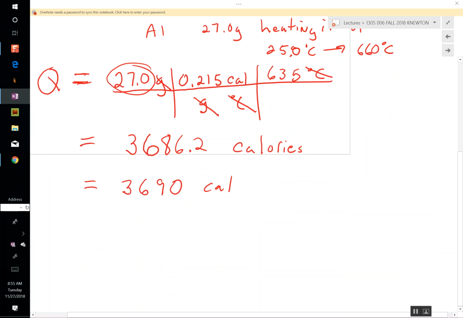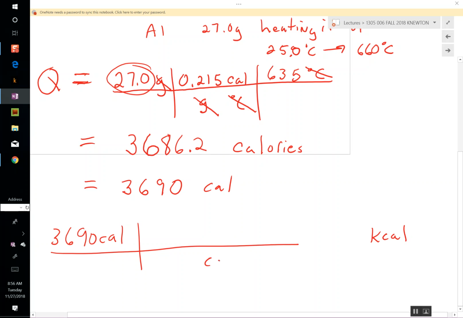And then if I ask the question, okay, give that to me in kilocalories. Remember, where do you start? Start with what you're given, and then convert it. I got to put calories down here and kilocalories up here. And what's the relationship between calories and kilocalories?